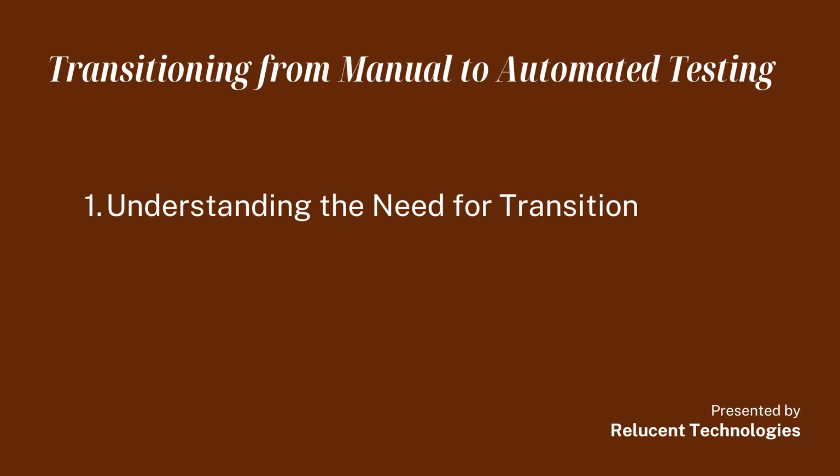And also with AI becoming so popular, things are slowly going to shift and the role of software tester is going to look a lot different in a few years to come. So it's important that you pick up some kind of automation tool that you can use in your testing. All right. So first understand why you want to transition to automated testing. That'll help you set a path towards your learning.